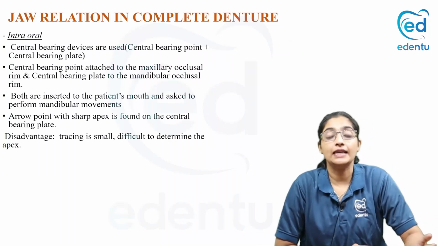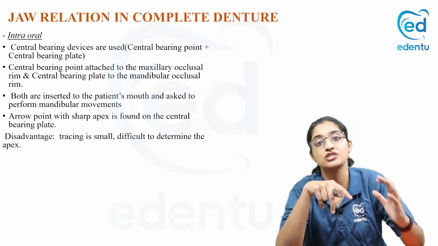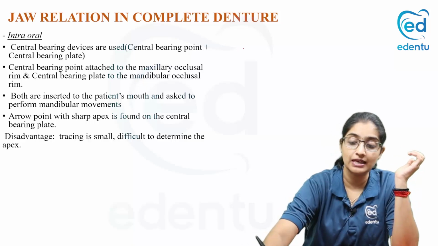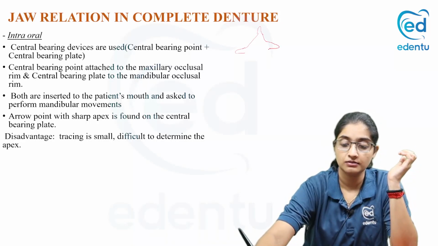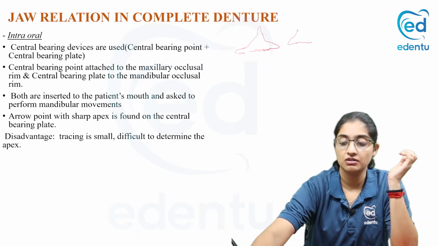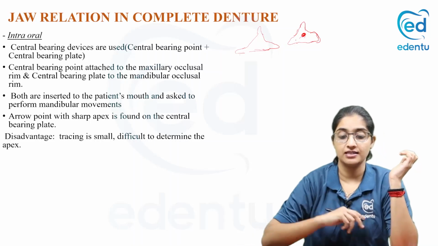So, in an intraoral Gothic arch tracing, you have a central bearing device, which is like a plate. It comes like this, okay. So, you have two plates like this. One will be a plate and one will have a styli in the center. Alright.